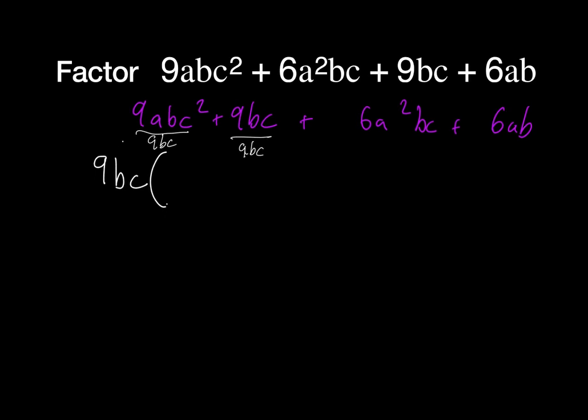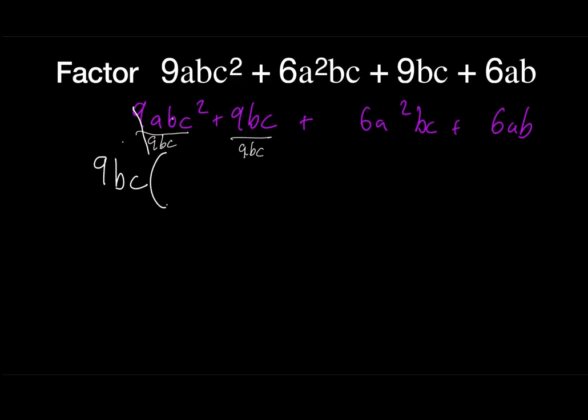The 9's reduce, the b's reduce, and one of the c's reduces. So in the numerator, I'm left with ac plus 1. Common mistake people are going to make is to say, oh, that just goes away. It doesn't go away. Anything divided by itself is always 1.